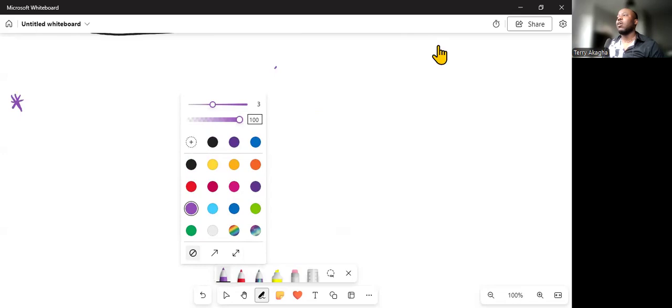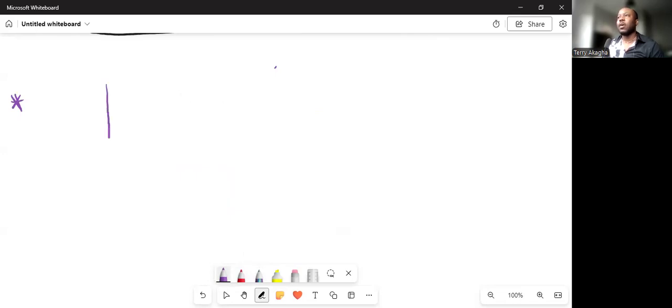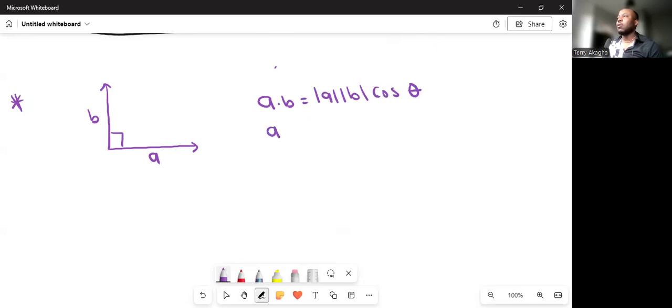If we have two vectors, vector A and vector B, and both of them are perpendicular, so if we are to find the dot product, A dot B is going to be the magnitude of A, the magnitude of B cos theta, because the angle was given in this. So A dot B equals the magnitude of A, magnitude of B cos 90 degrees.